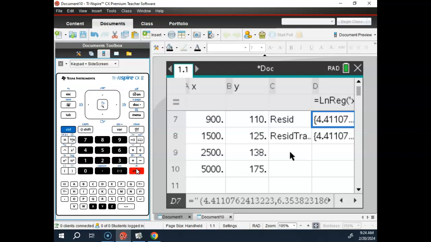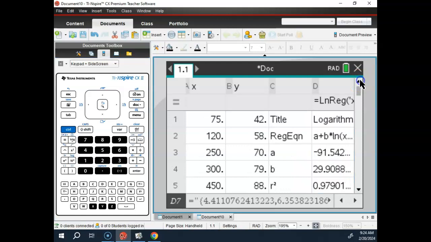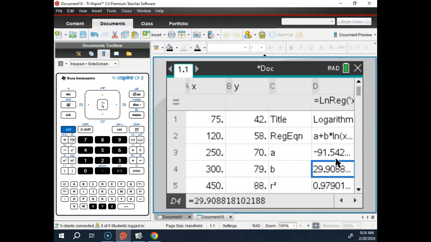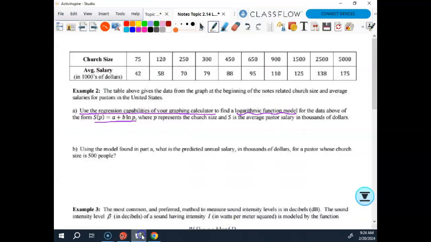Okay, so when I do that, I don't see right now what I expected to see, but that's because I'm scrolled down to row 7, right? So if I scroll back up, then I can actually see that it's A plus B. It tells me what form it's in, so I know where A and B go. If you need to see more decimal places, you can click on them or hover over them to see what A and B are. But that's where we get our equation from.